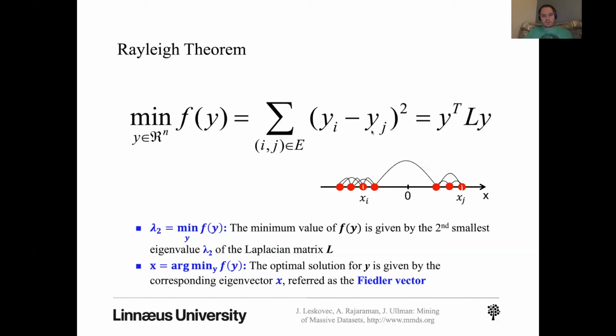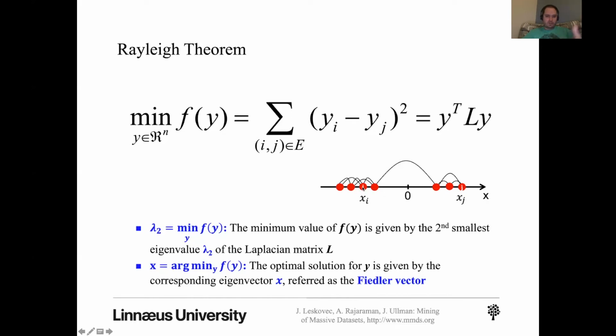I want the difference between the values to be minimized. So for every edge in my network, when I take the value of one end and subtract the value of the other end, I want these values to be very small. Because if they're very small, then that means they are close together. For example, consider that you have a node here and you have another node here.